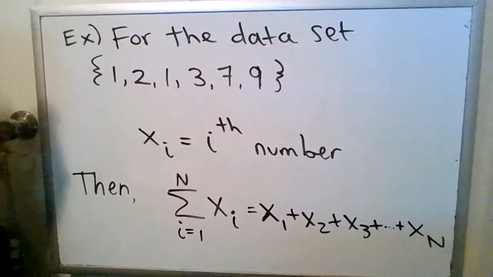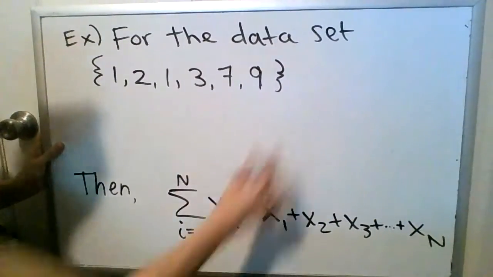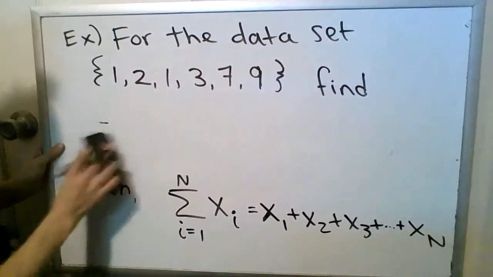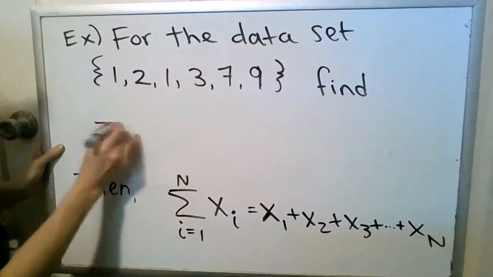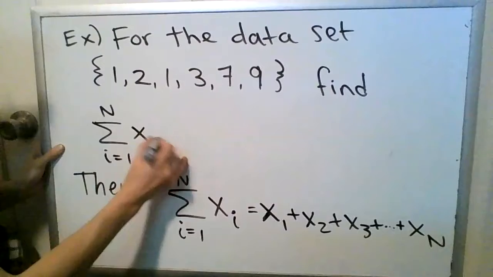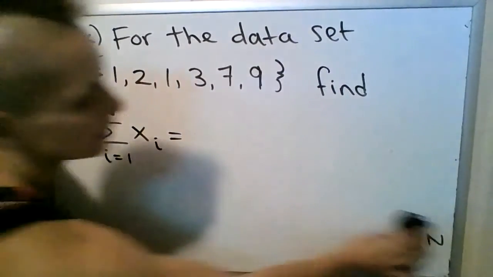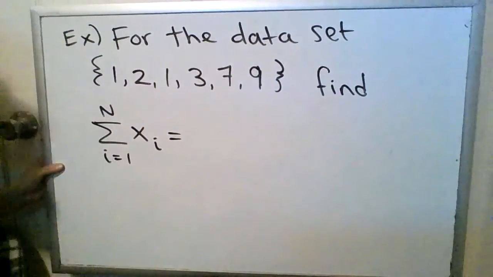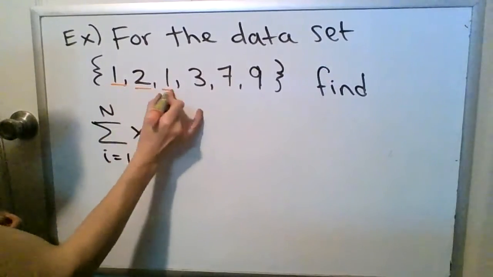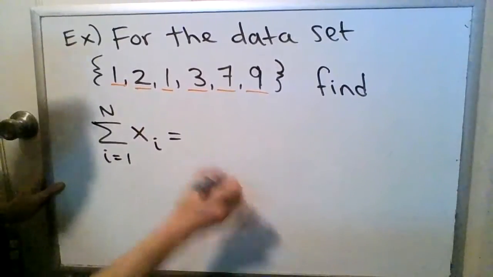Find the sum from I equals 1 to n of x sub I. And I'm also going to put what capital N is. So just saying it again, capital N is the number of elements in the set. We have 1, 2, 3, 4, 5, 6 total. So capital N is equal to 6.